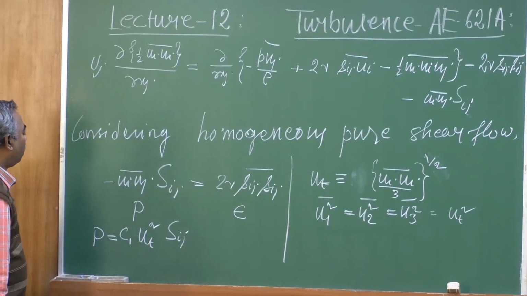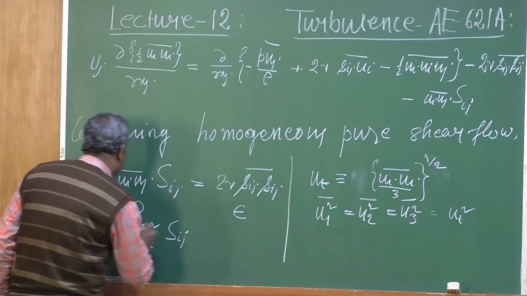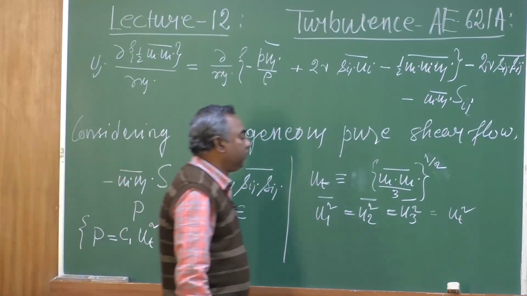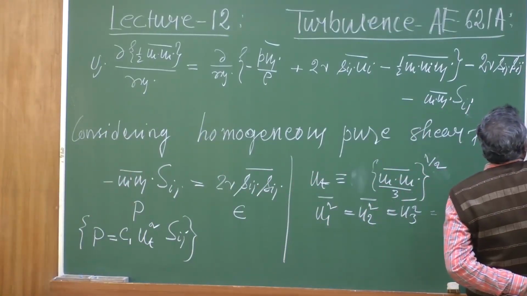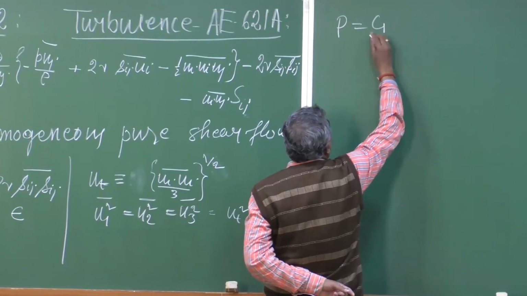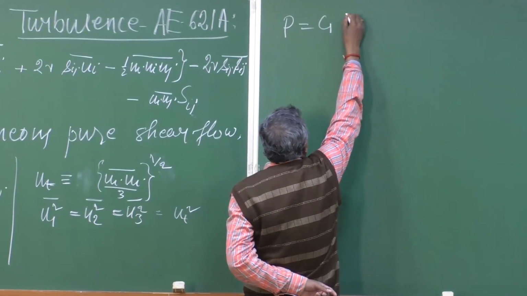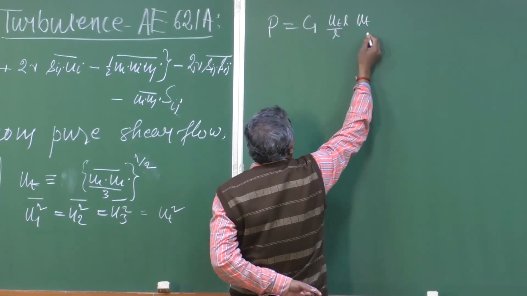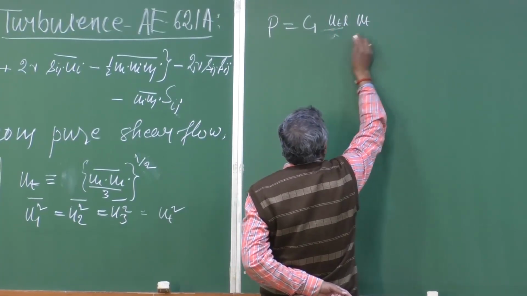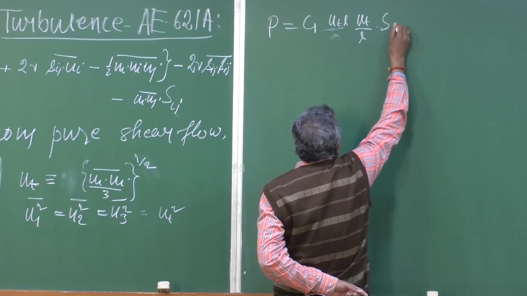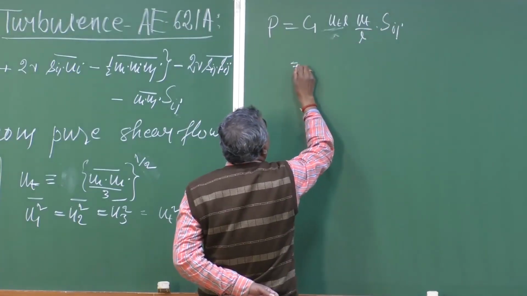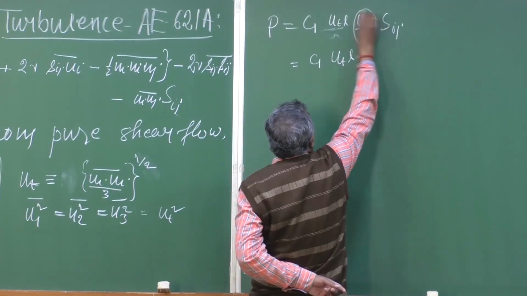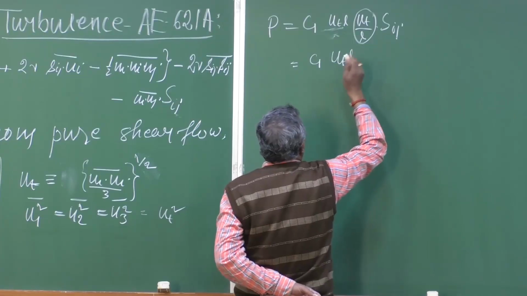Now, how did we modify this particular term in the last class, if you can remember? We wrote that P is equal to C1, and that ut square we can write as ut and ut over L times L, and Sij. So, I can write this as C1 ut L, and this once again of the order of Sij.